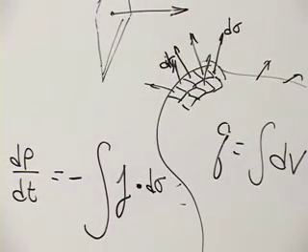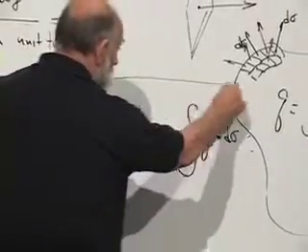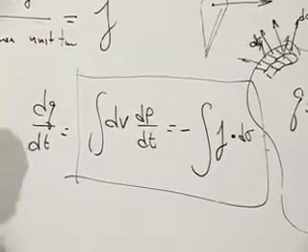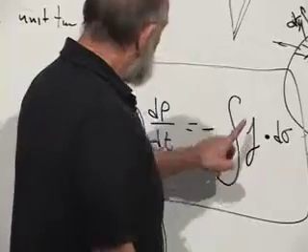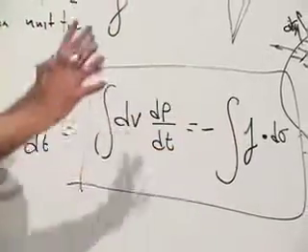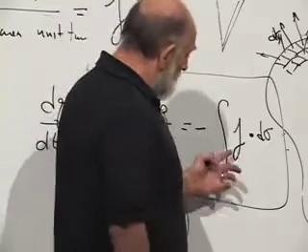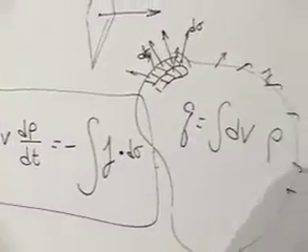And this is a law of nature, if you like, rather than a theorem, that the time rate of change of the charge on the inside is equal to the flux of charge passing out through the surface of the balloon. And that's given by the integral of the current dotted into d sigma.